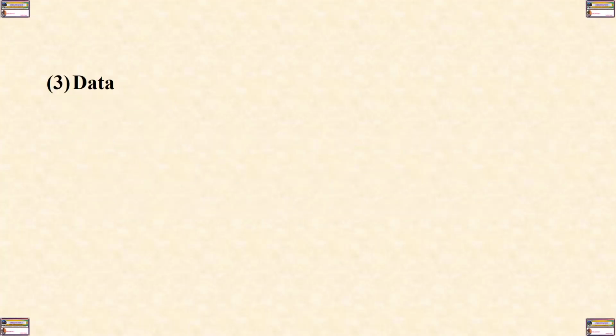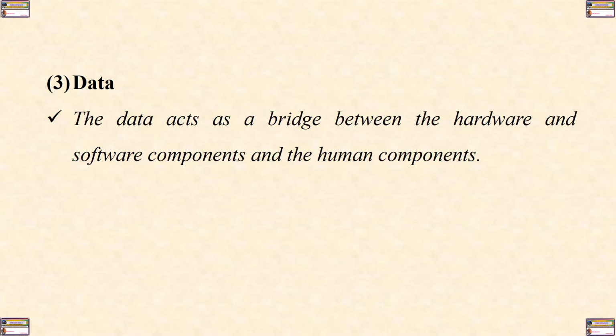And therefore, the third component you need is the data. You cannot have a database without data. So what is data? Data, as we have seen, simply are the raw facts or unprocessed facts.